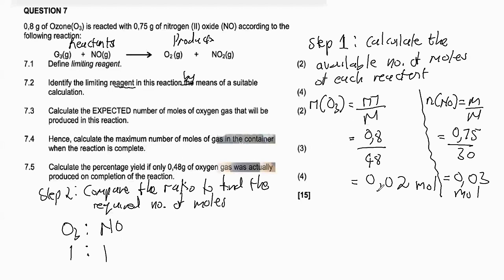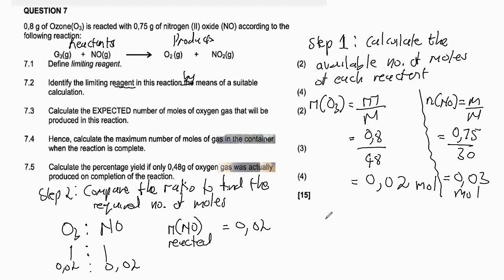In this case, looking at ozone, we can see that ozone has the smallest number of moles compared to the nitrogen monoxide. So the number of moles of nitrogen monoxide reacted would only be 0.02, because the ratio suggests that if ozone has 0.02 mole required, then nitrogen monoxide also needs 0.02 to react. But the available number of moles of nitrogen monoxide is 0.03.